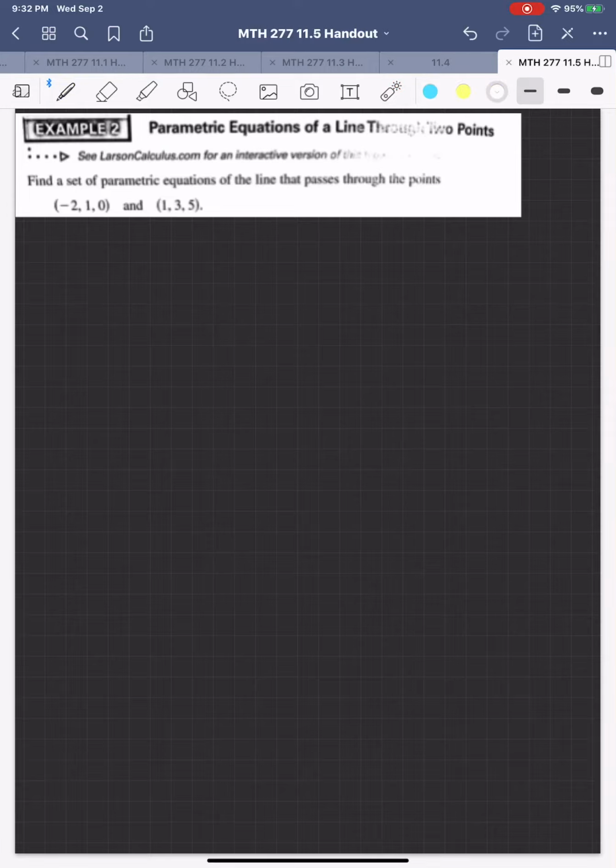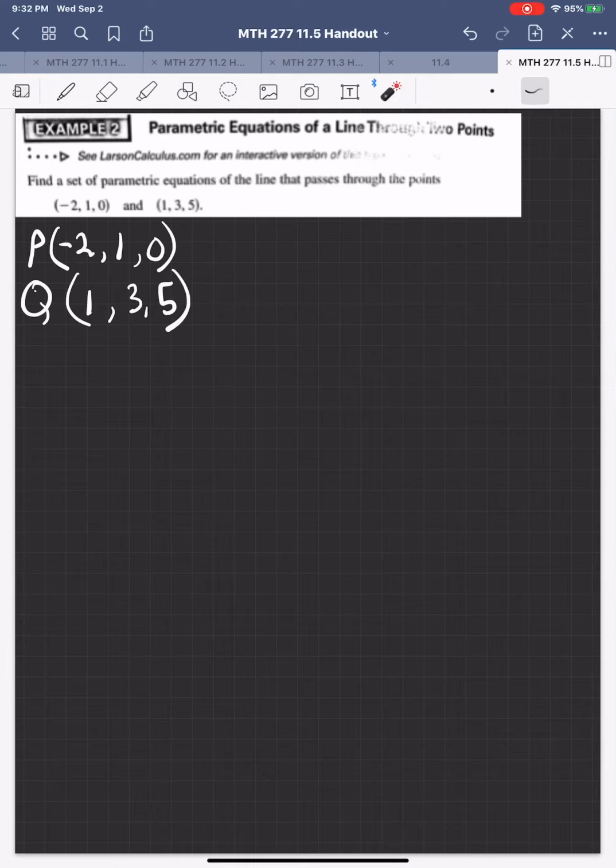So let's call point -2, 1, 0 point P. And point Q is 1, 3, and 5. So now we have a line in space, and we know 2 of the points on the line.